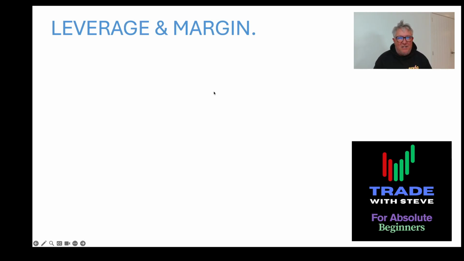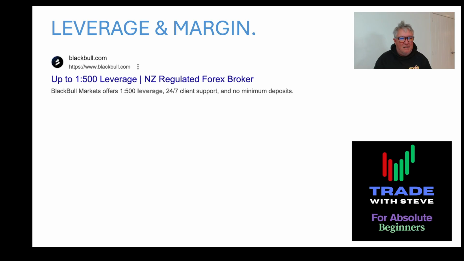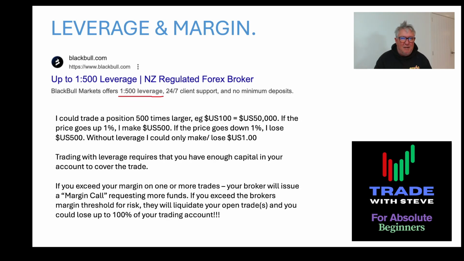Now, leverage and margin. This is pretty important to understand. I'm just looking here at the advert on the internet for my broker, blackbull.com, and it says up to 1 to 500 leverage. So what does that mean? It means I can actually trade a position 500 times larger than what I have in my account.